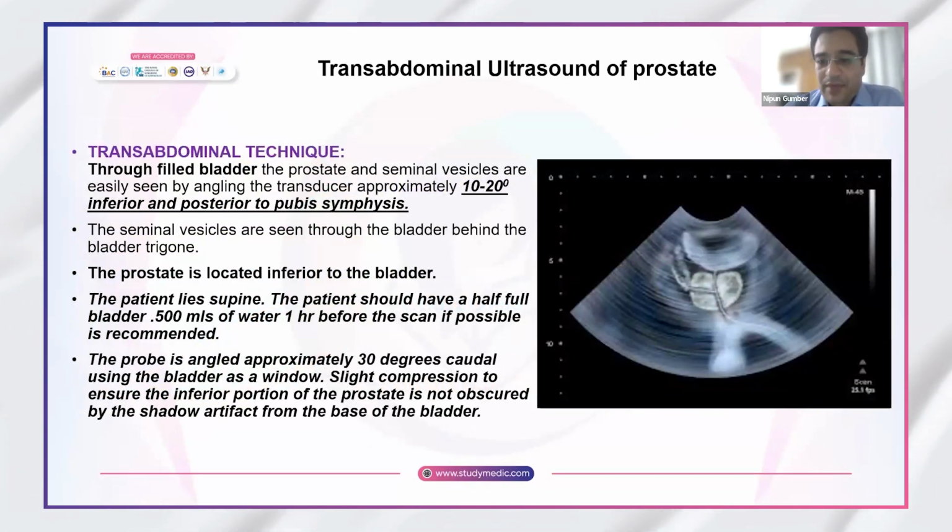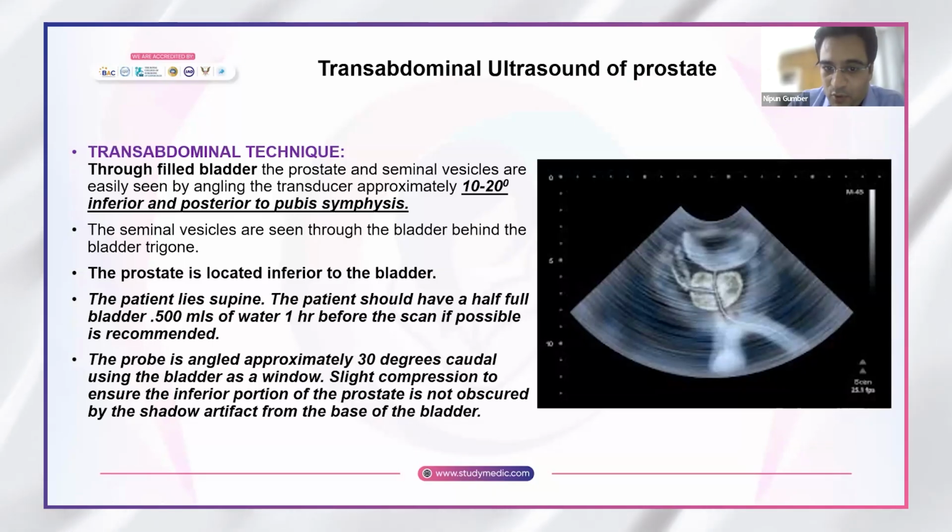So, the transabdominal technique. Firstly, you should always stand on the right side of the patient, and regarding the machine, it depends on vendor to vendor, but you should stand on the right side of the patient, holding the probe with your right hand, and scanning through the filled bladder. The prostate and seminal vesicles are easily seen by angling the transducer approximately 10 to 20 degrees inferior and posterior to the pubic symphysis.